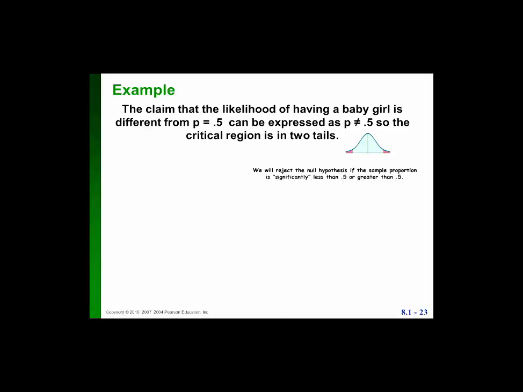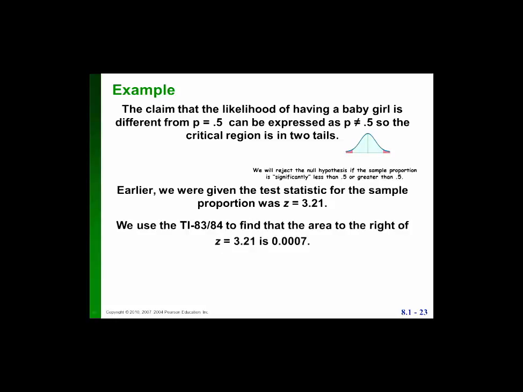So earlier we were given z equals 3.21. Let's see. We use the TI-83/84 to find that the area to the right of 3.21 is 0.0007. How do we use a calculator to find that probability in the right tail is 0.0007?